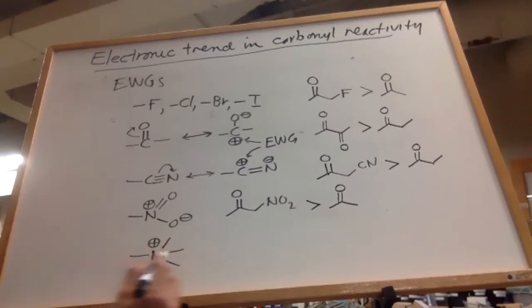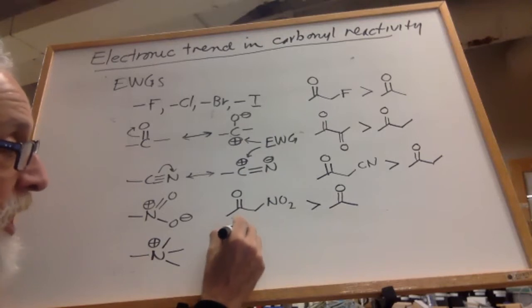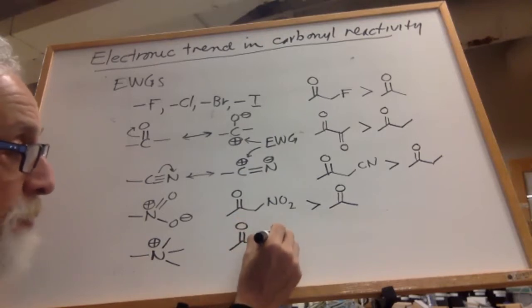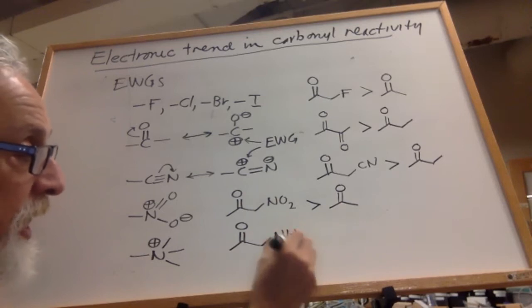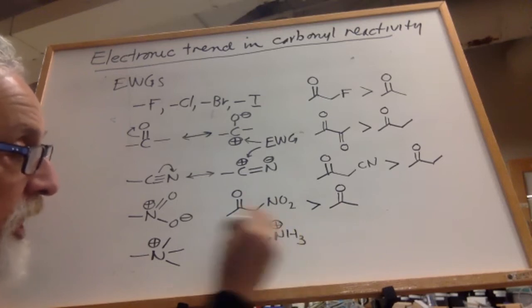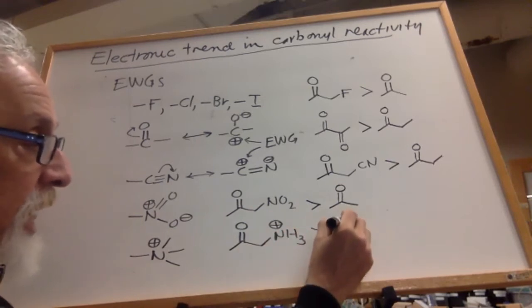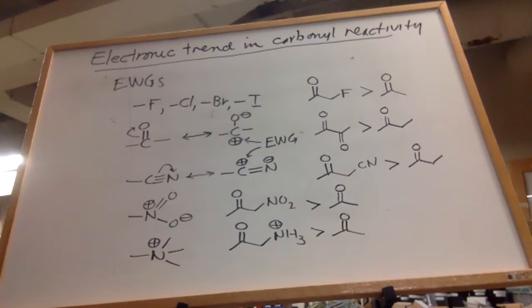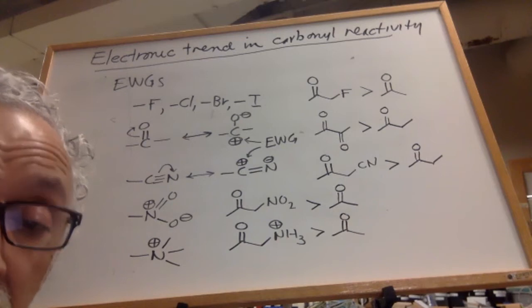So this positively charged nitrogen is electron withdrawing as well, meaning that a molecule that has a positively charged nitrogen in it, such as that, is going to be more reactive than a carbonyl compound that doesn't have that positively charged nitrogen. Okay, so any questions up there?